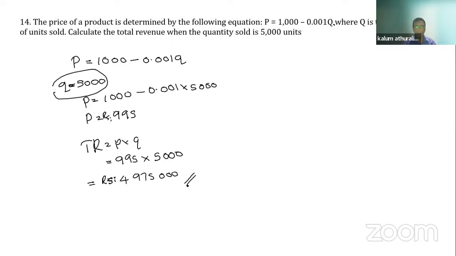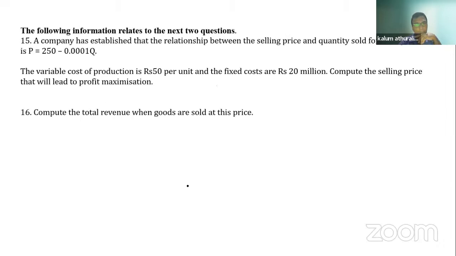It is easy. Revenue equals price into quantity. First we find the price of the unit, then find the revenue. Okay? Right.